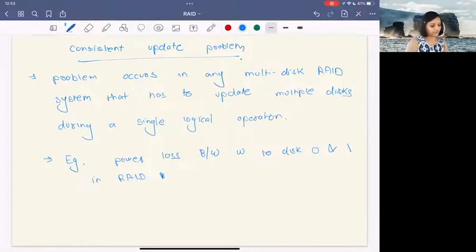So what do we do about this problem? Every time we have a problem, we have to solve the problem, right? How do we solve this problem? One of the approaches to solve this problem is by using a write-ahead log. Now, what a write-ahead log does is it records what RAID is about to do, even before it does.